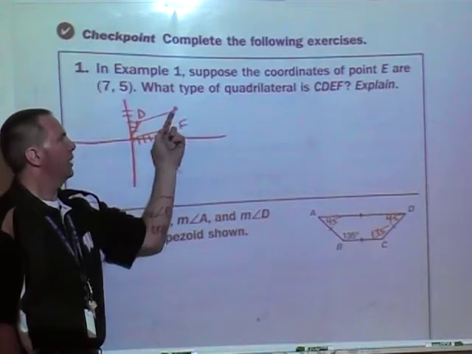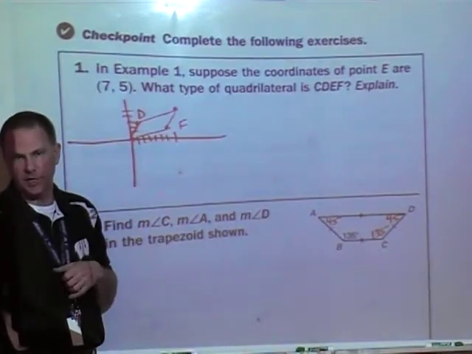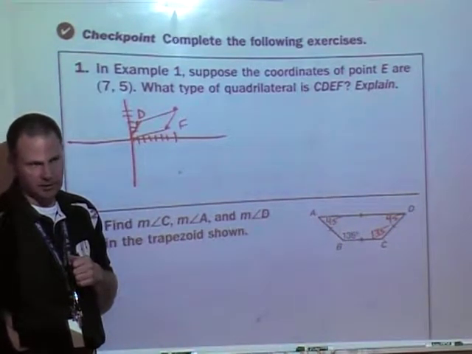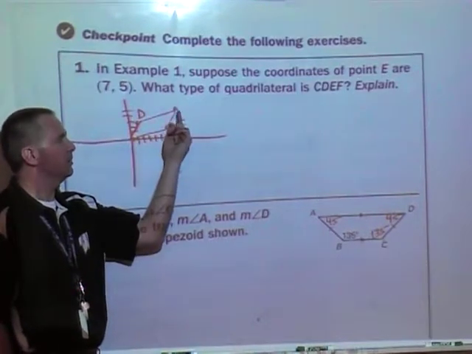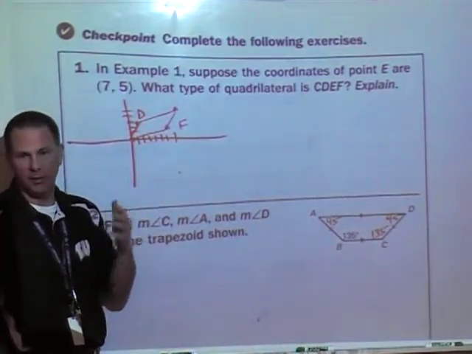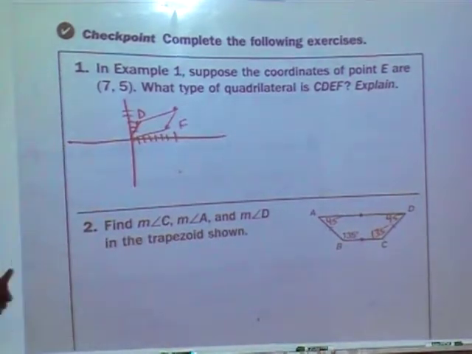It's now saying if we put E in this position, what shape does this make? That's all it was asking. What is that? It's not a square. Not a rhombus. This is longer than this one. It's a parallelogram. That's all. So, don't get too crazy about it.